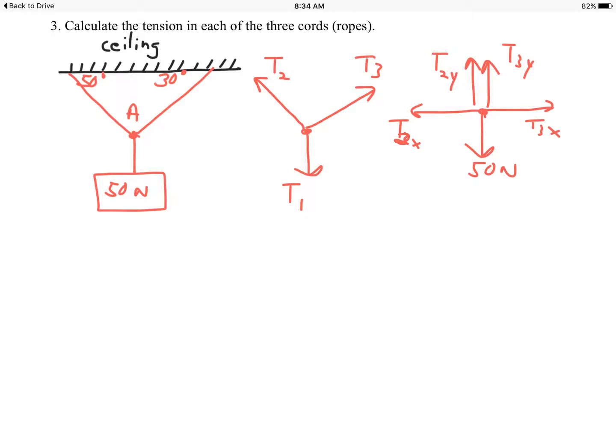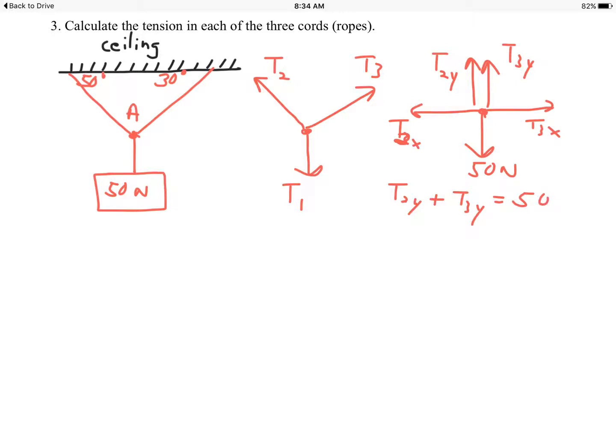Alright. So, before I go much further, what you're going to see here is a little bit more of a difficult problem than the last one, because in the last problem we had symmetry. So the two upward components, T2y and T3y, would each be 25 newtons if you had symmetry. But all we know in this case is that T2y plus T3y equals 50.